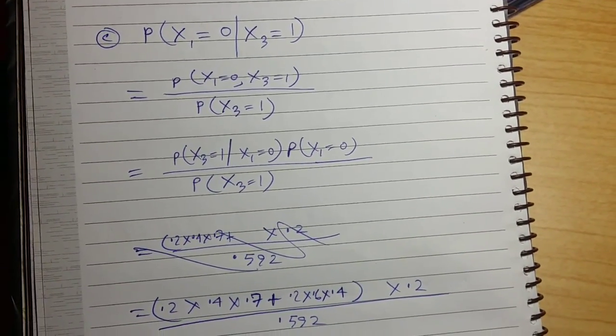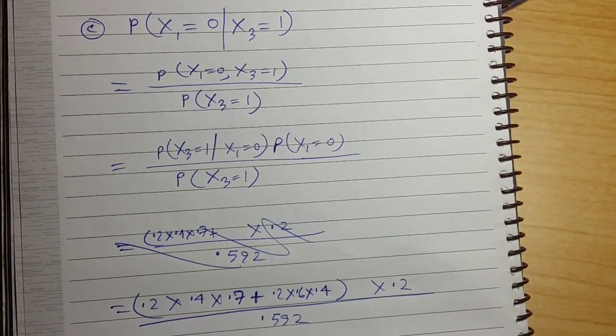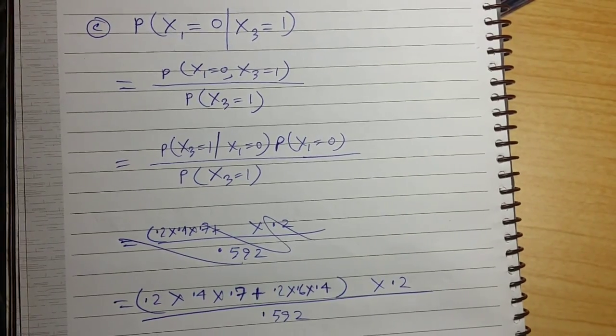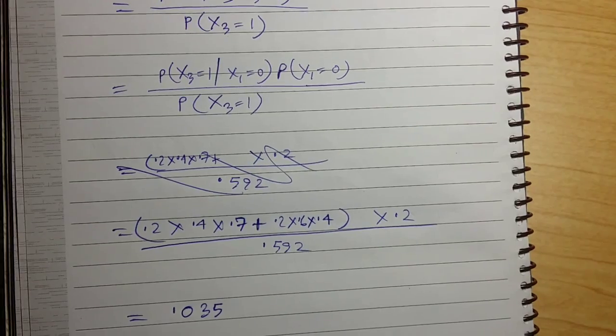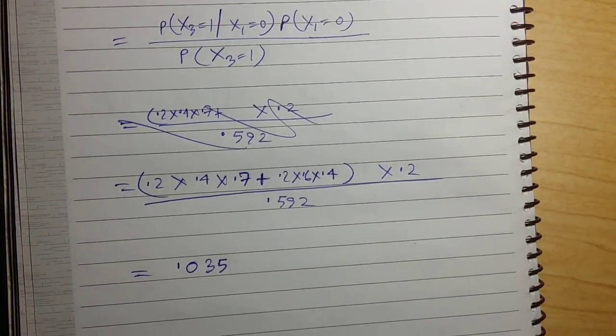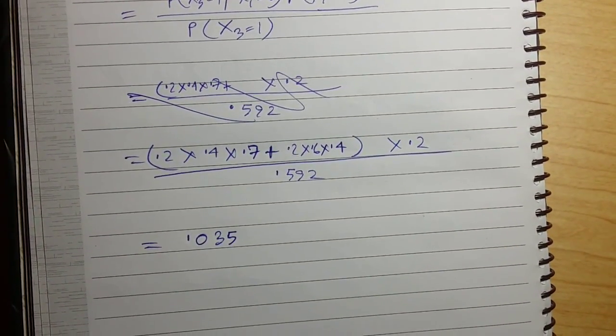So we have two conditions from x1 is equal to 0. There are two ways to come up to x3 is equal to 1, and we have summed up those two probabilities to find a result of 0.035 at the end.